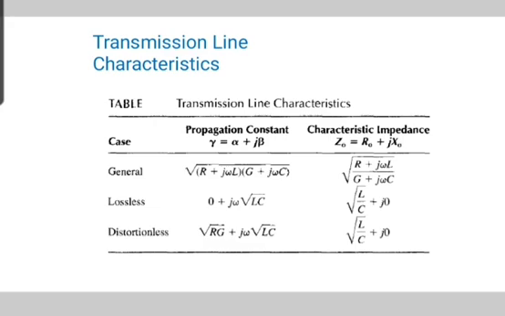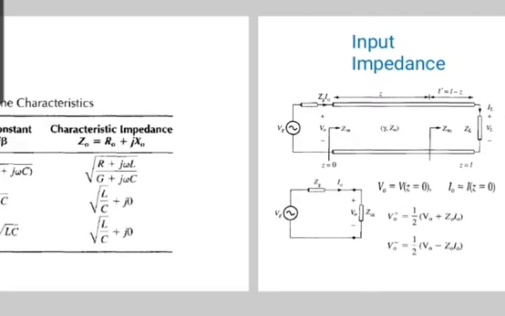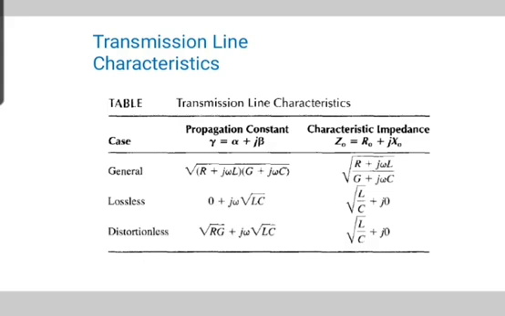So what is distortion in the transmission line? There are different types of distortions in a transmission line, like frequency distortion and phase distortion. So first is frequency distortion.